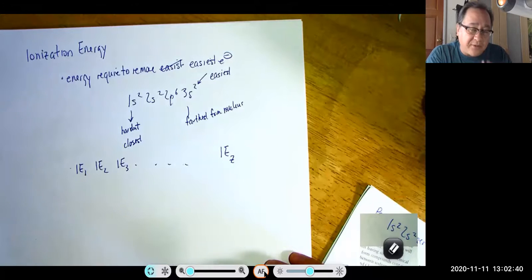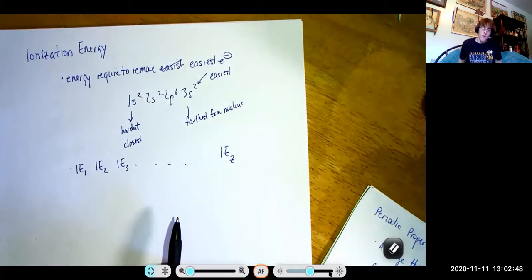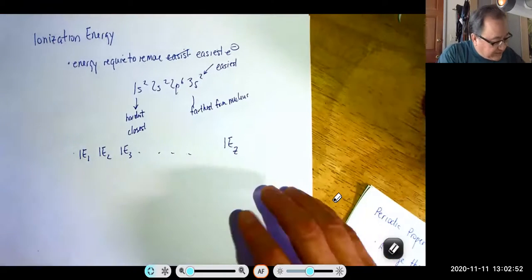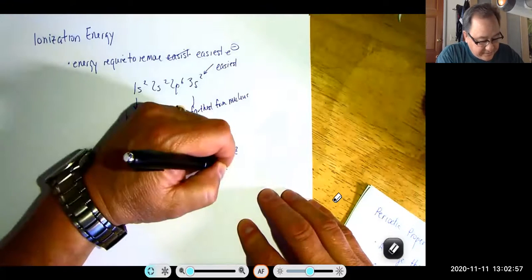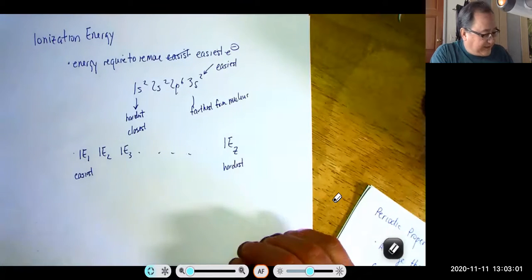And remember, atomic number is the number of protons. This is going to be the easiest, and this is the hardest. The first one is always the easiest.